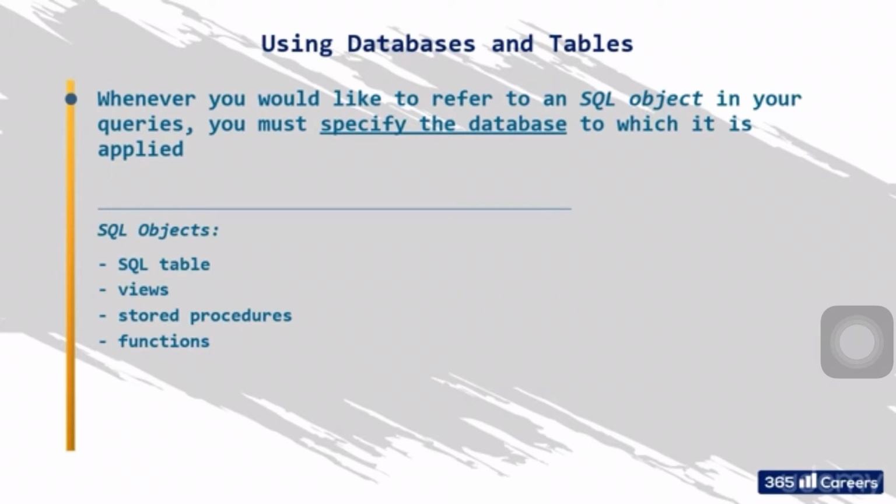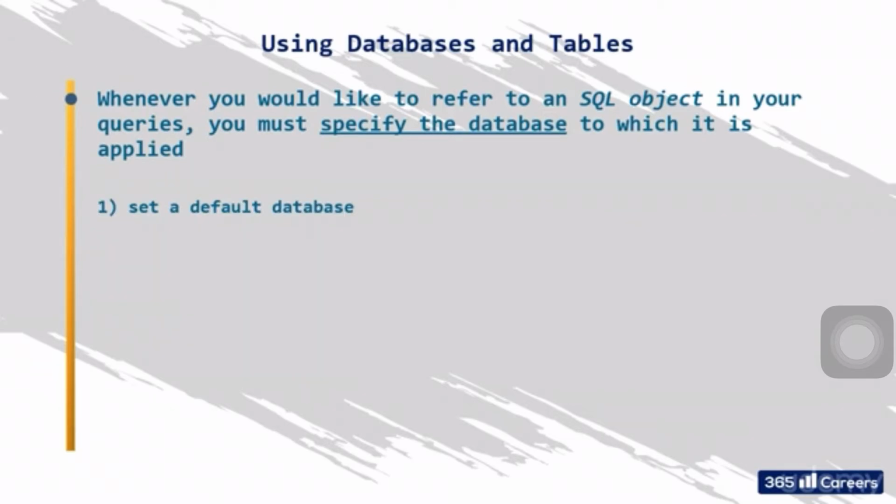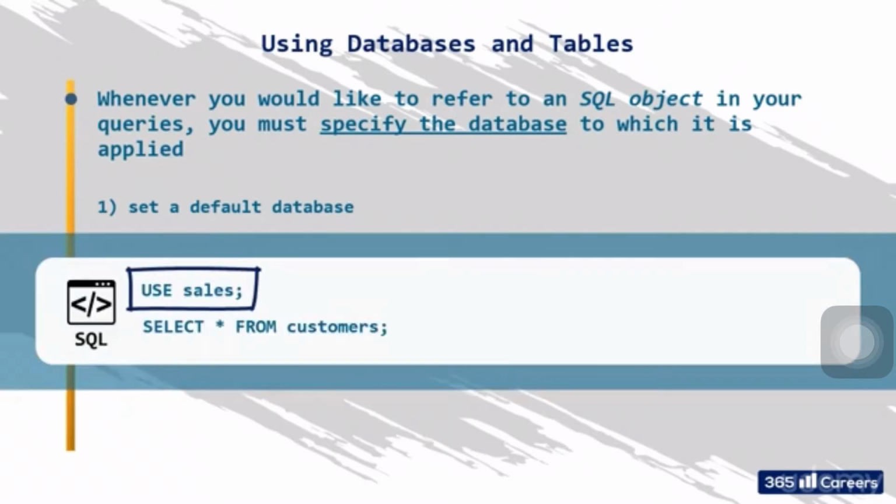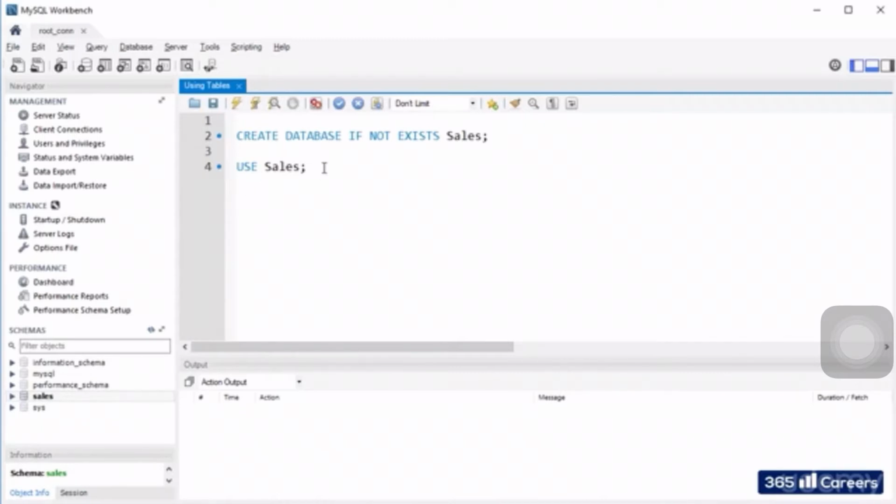Okay, there are two ways to communicate this to SQL. The first way is to set a default database, just as we did with the Cells database. Doing so means you will be working with SQL objects that belong to this database. For instance, the Customers table, or another SQL object, can be referred to simply by mentioning their name in the query.